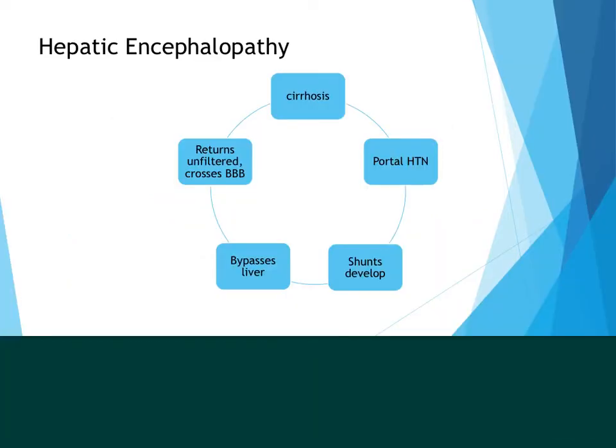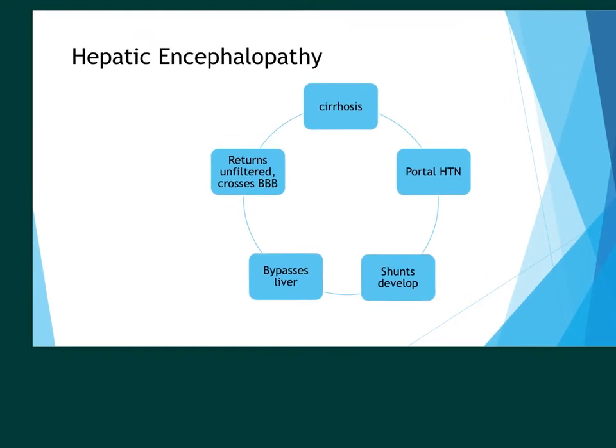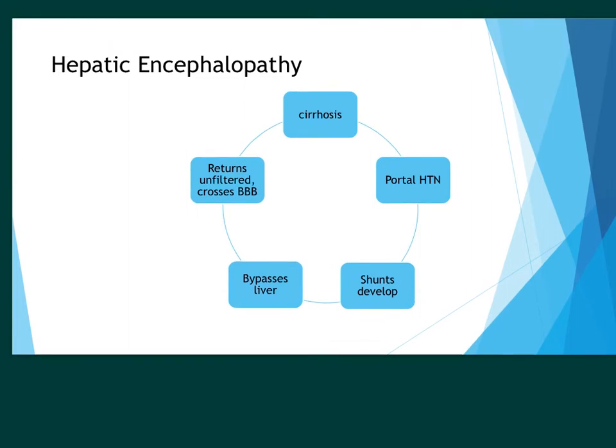Okay, another complication is hepatic encephalopathy. So the patient develops cirrhosis. Then from the cirrhosis, they actually develop the portal hypertension. From the portal hypertension, they develop shunts. These shunts then stop the blood from going through and being detoxified by the liver.